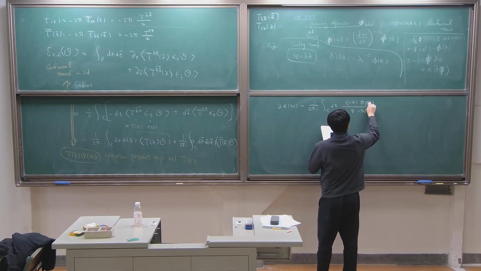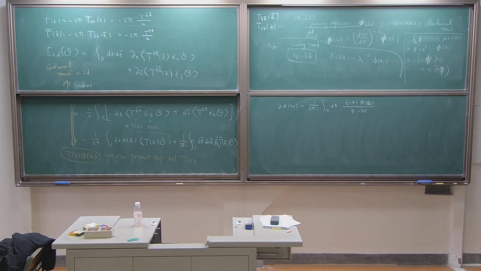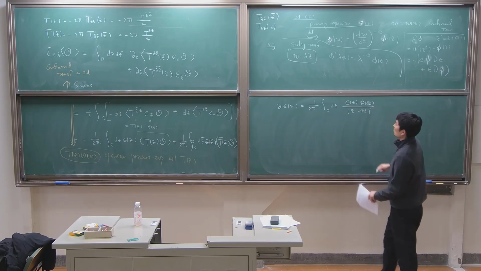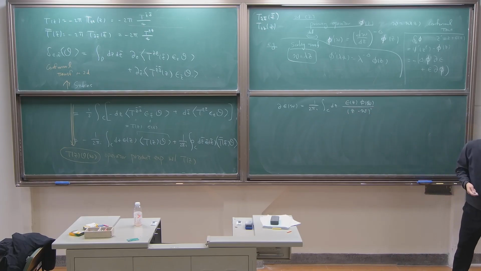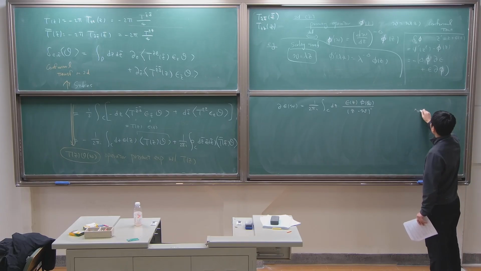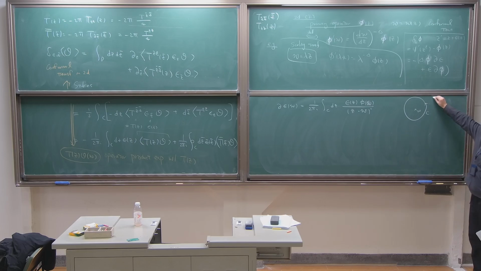This is what you learn in complex analysis. You have w here, and consider a contour C like this. The coordinate plane is the z plane.